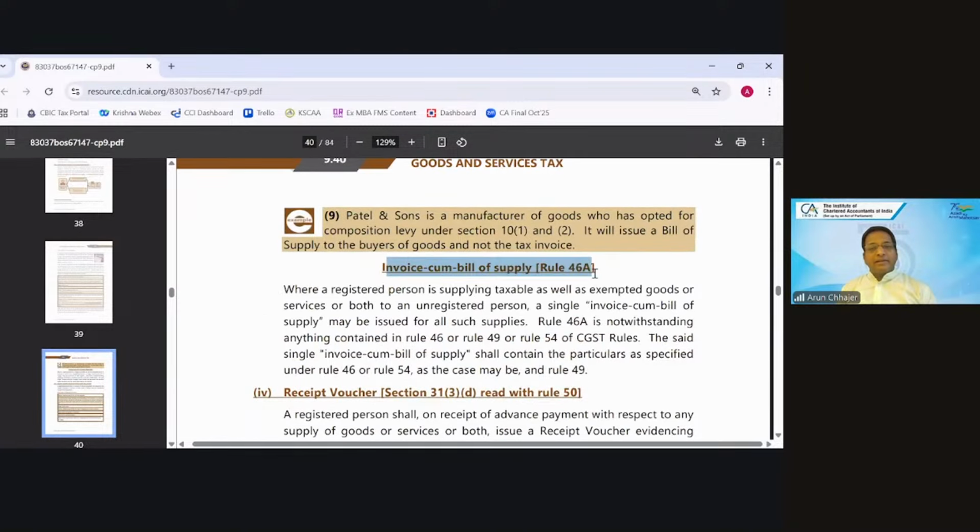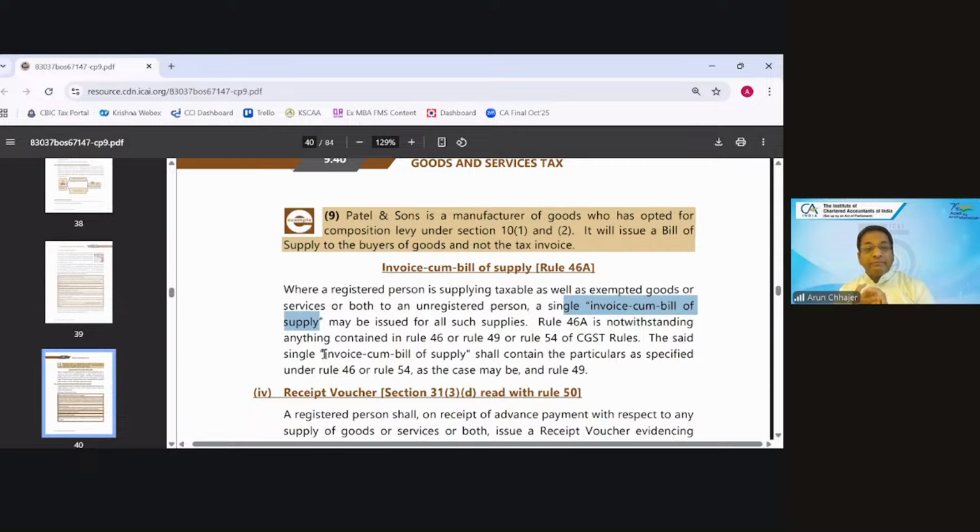Invoice cum bill of supply is possible? Yes, possible, if my customer is unregistered, and I am making taxable as well as exempted supply to an unregistered person. A single document, invoice cum bill of supply, may be issued.